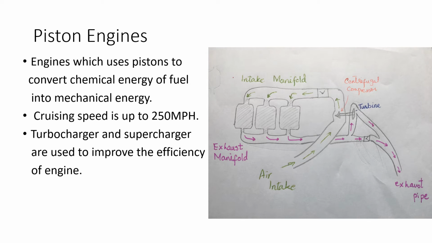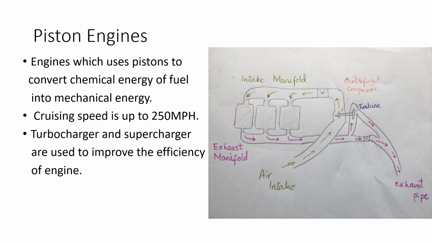And air then passes through the intake manifold and enters three different cylinders. When it passes the compressor, the air pressure is very high, and it then enters the three cylinders, and then it is exhausted from the manifold valve, and this exhausted air will then enter the turbine and the waste gate as well.